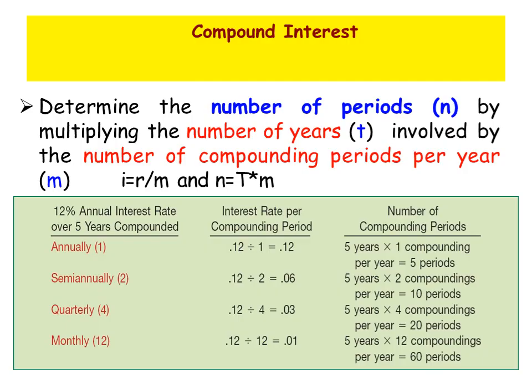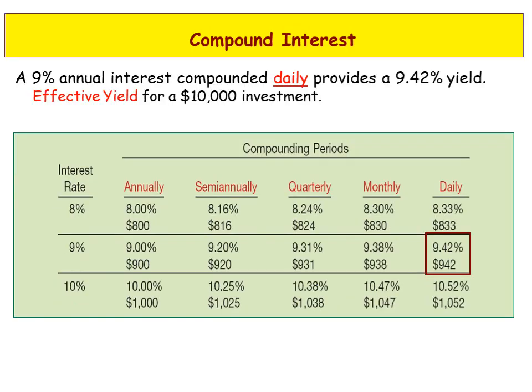Then let us go again. Now let us see compounded interest: 9% annual interest compounded daily provides a 9.42% effective yield for a $10,000 investment.